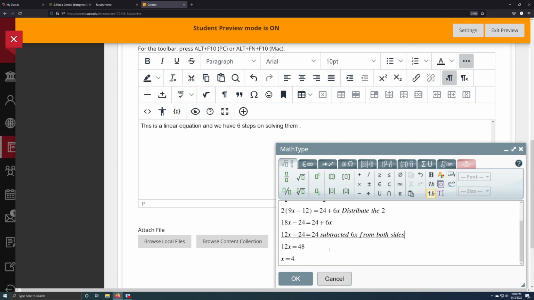Let me get myself up here. Then from here, we added 24 to both sides. And finally, to get to this step here, divided both sides by 12. Okay? And then once you're done with this, you would hit OK.